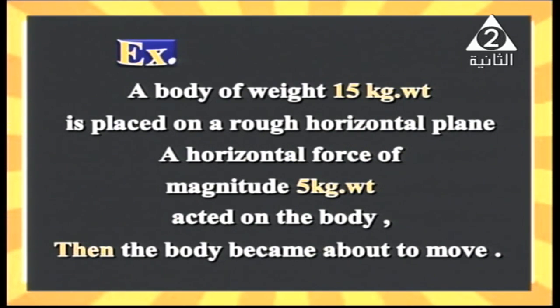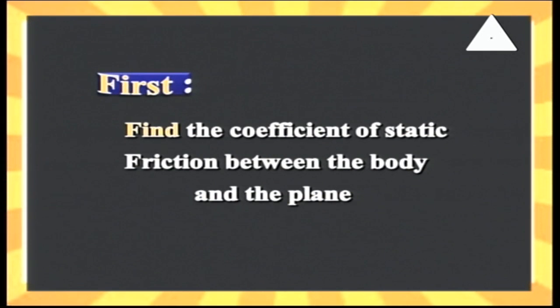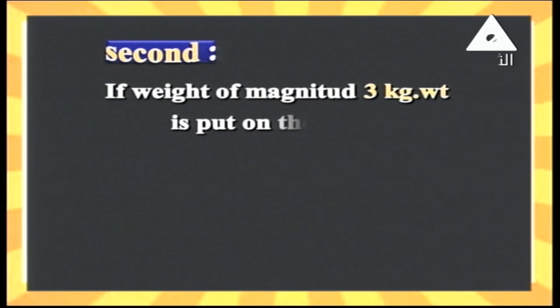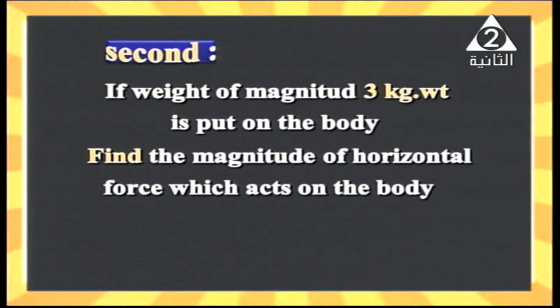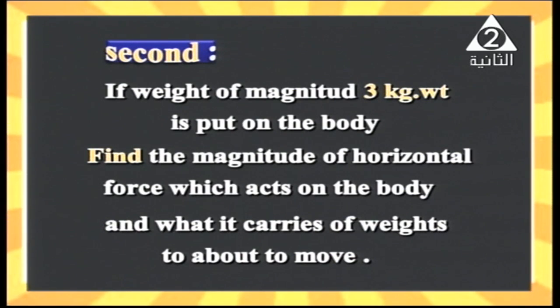Then the body becomes about to move. What is required? First, find the coefficient of static friction between the body and the plane. Second, if a weight of magnitude 3 kilogram weight is put on the body, find the magnitude of the horizontal force which acts on the body and makes it about to move.